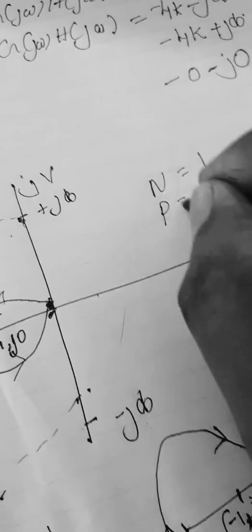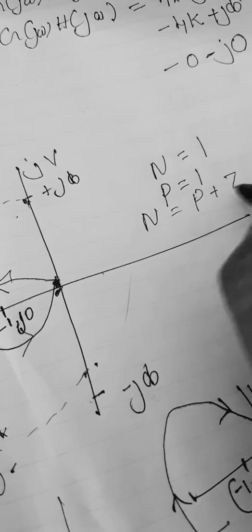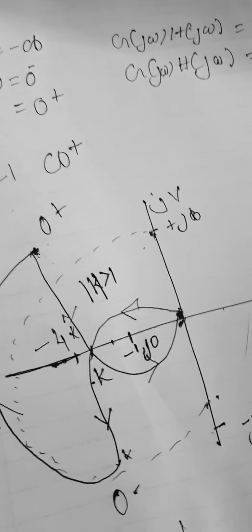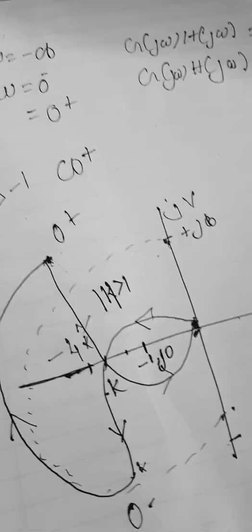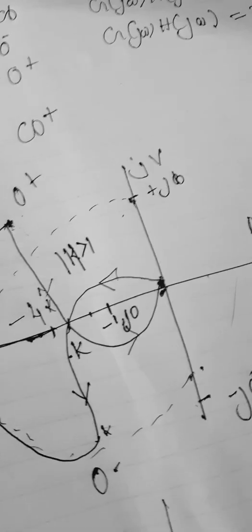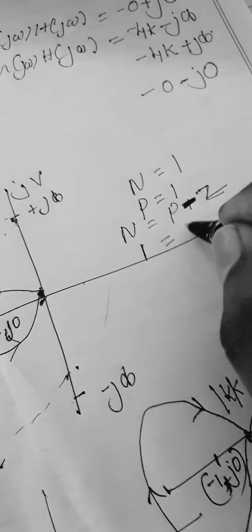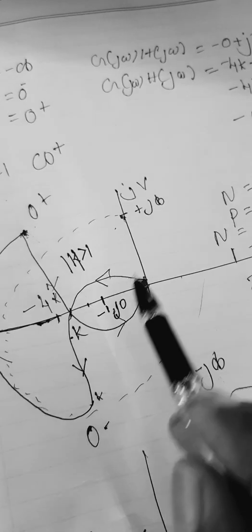Our expression is N is equal to P minus Z. P is already known, so 1 is equal to 1 minus Z. So you can see that Z is equal to 0. There won't be any right half plane zeros, so in this case the system is stable.